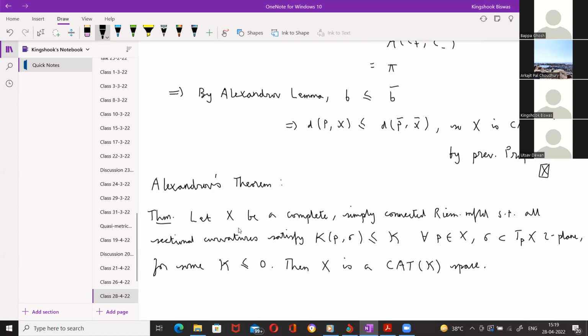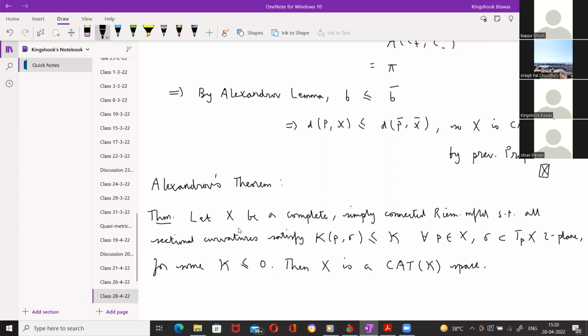So if X is complete and simply connected, then if the sectional curvatures are less than or equal to kappa, then X is CAT(kappa). And conversely, if X is CAT(kappa), then the sectional curvatures are less than or equal to kappa. All right? But we'll only prove one direction. Is the statement clear? Yes, sir. Okay.